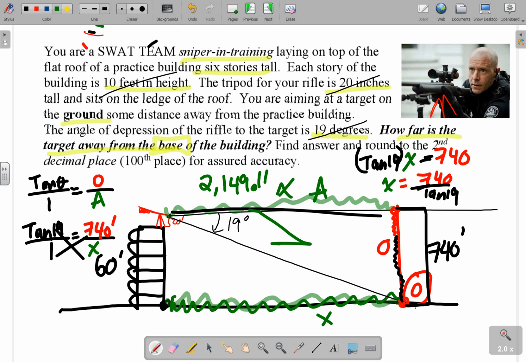But keep in mind that is inches. We're going to divide by 12. And we get 179.09 feet. Okay, students, the rest is yours to do on your own.